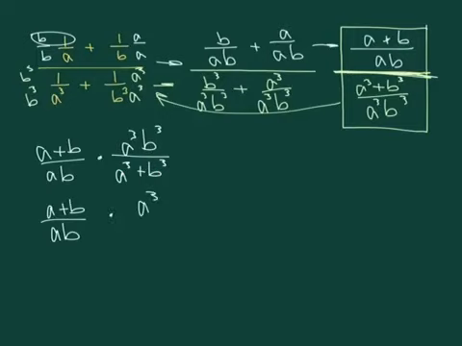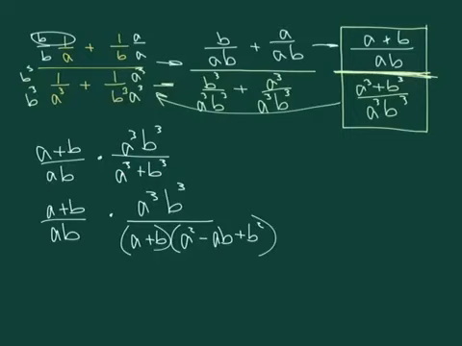So instead of writing it as A cubed plus B cubed, we're going to write it as A plus B times the quantity. What was it? A squared minus AB plus B squared, if I remember my formula right.